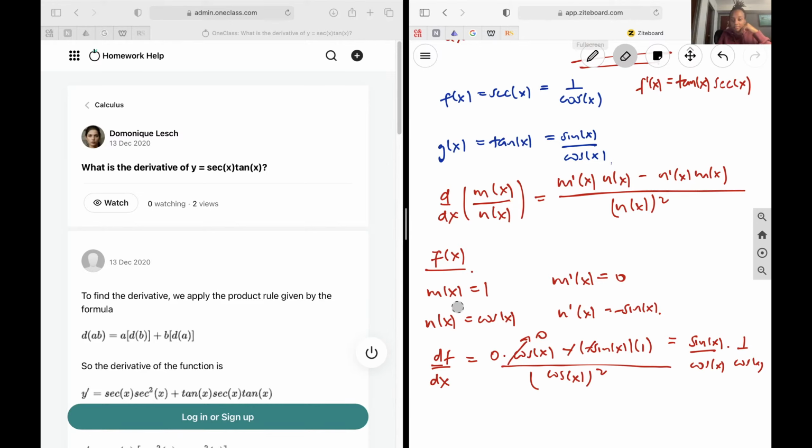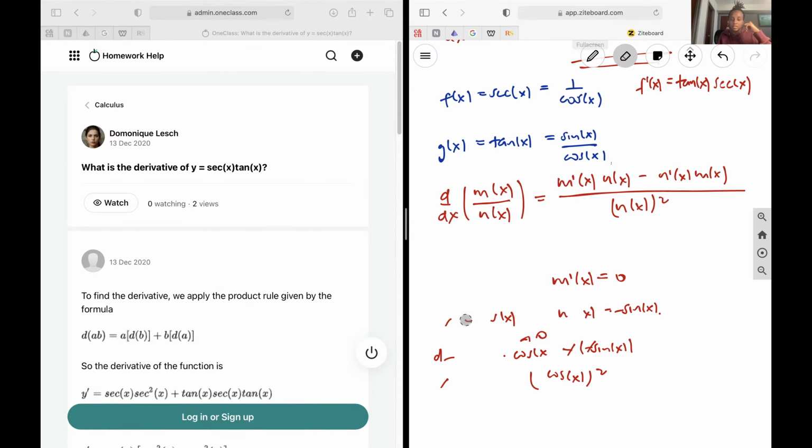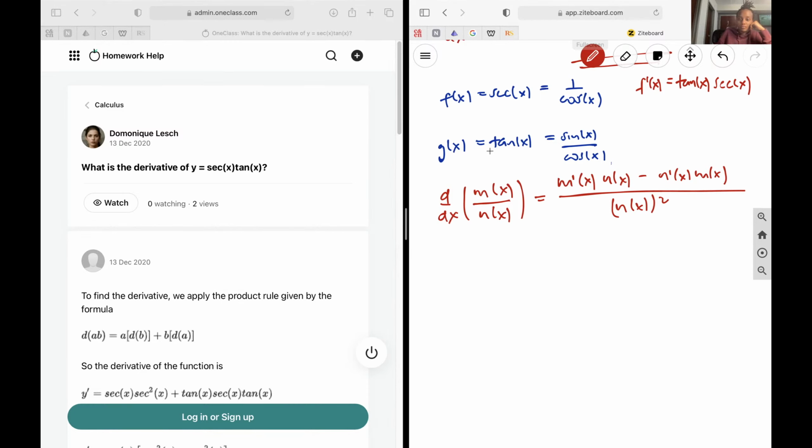Now next up, I'll have my tan of x. Let's just make sure everything here makes sense. So now I do my second case of g of x. So in this case, m of x is equal to sine x. Its derivative will therefore be cos x.